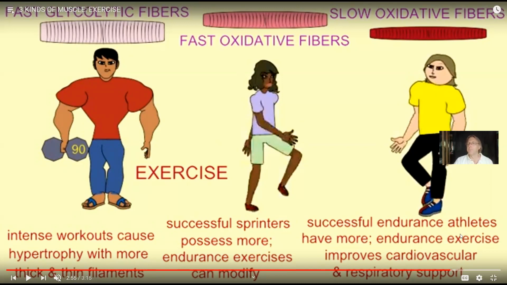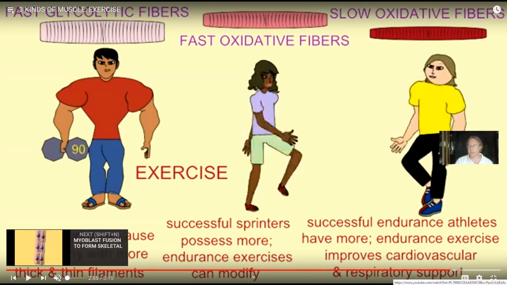And so if you were studying anatomy and physiology to get more into exercise physiology, then the different types of training regimes, which affect fast oxidative fibers or slow oxidative fibers, would obviously be of interest.